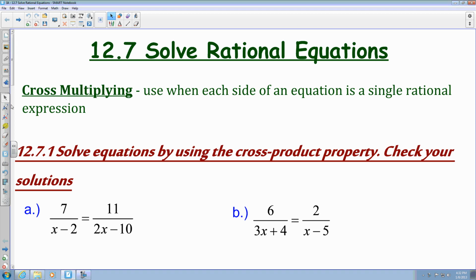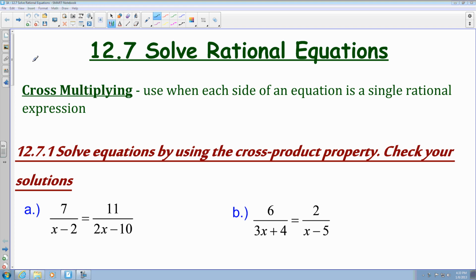Okay, this is the last section in chapter 12, 12.7, and 12.7 deals with solving radical equations.